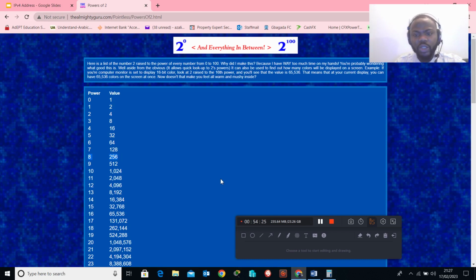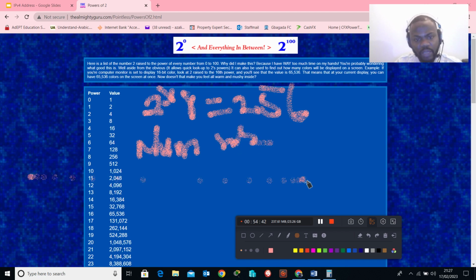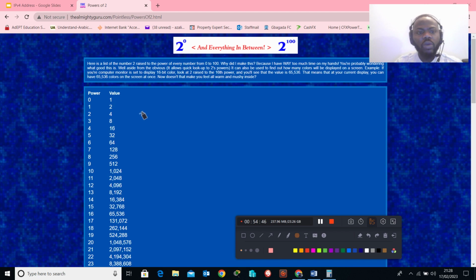So this is how you calculate the number of subnets you are going to have. I'll explain that later, but just know that formula. If you are told to calculate the number of hosts you are going to have in each subnet that you've created, that is 2 raised to power n minus 2.